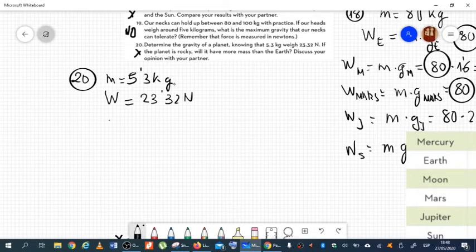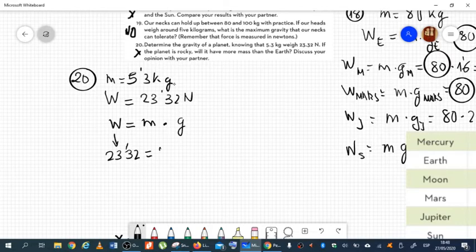So we write the formula always. You know that you have to write the formula: weight equals mass multiplied by G. Now we know that the weight is 23.32.